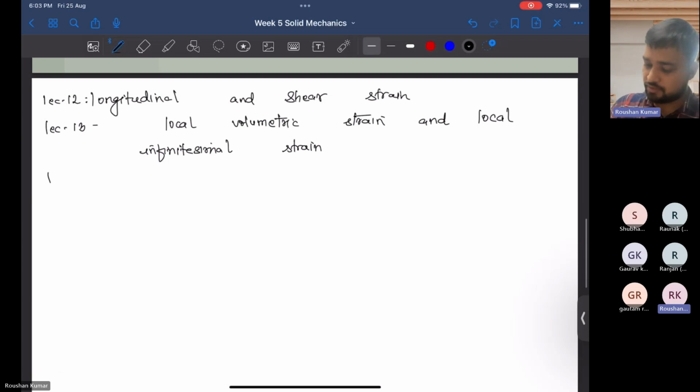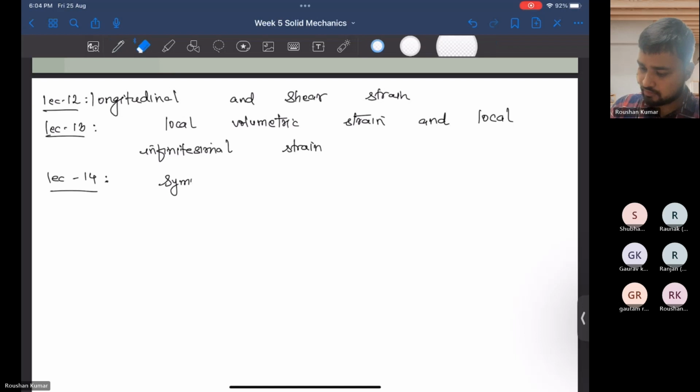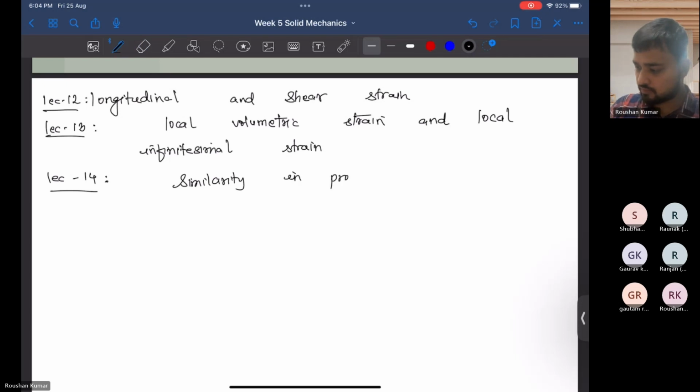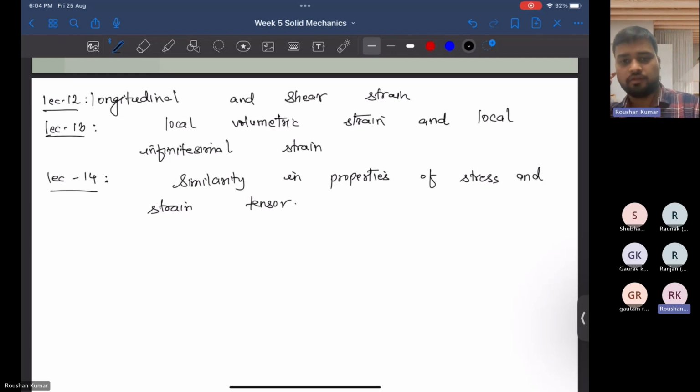And lecture 14 is based on similarity in properties of stress and strain tensor. So these three lectures I will cover today.